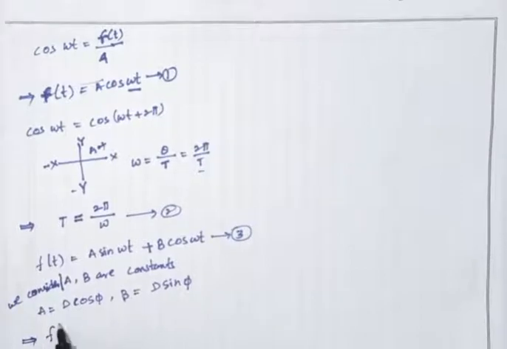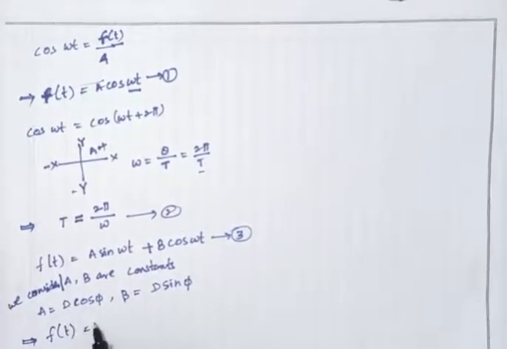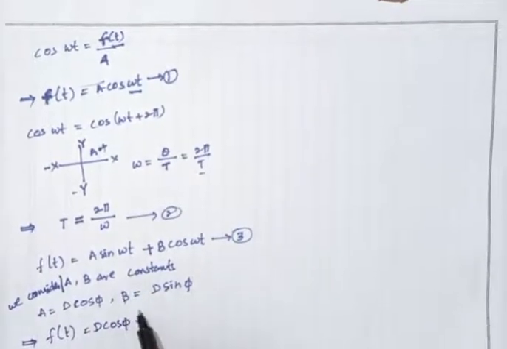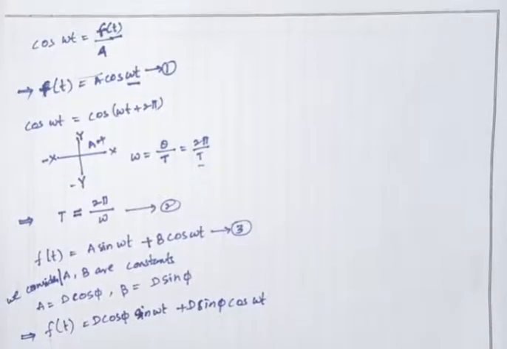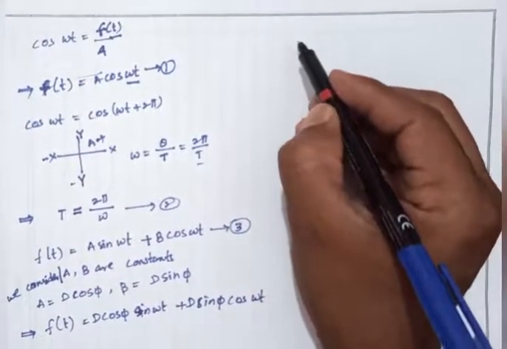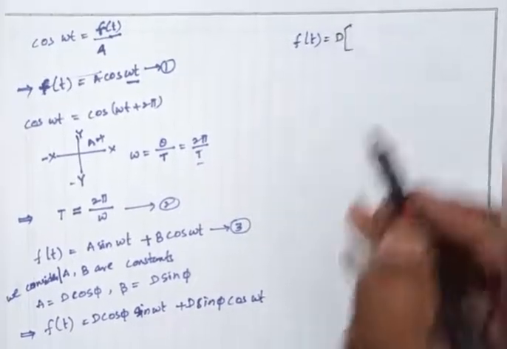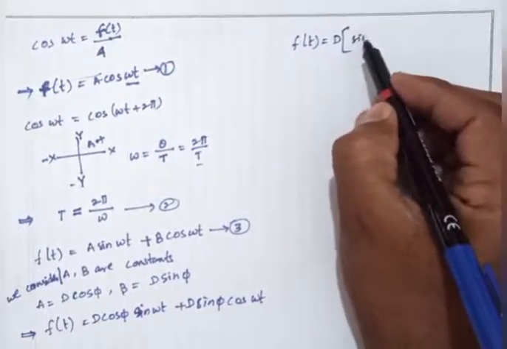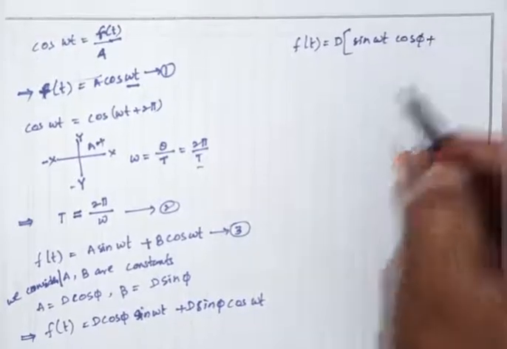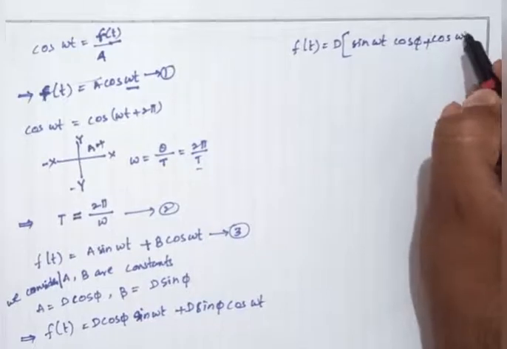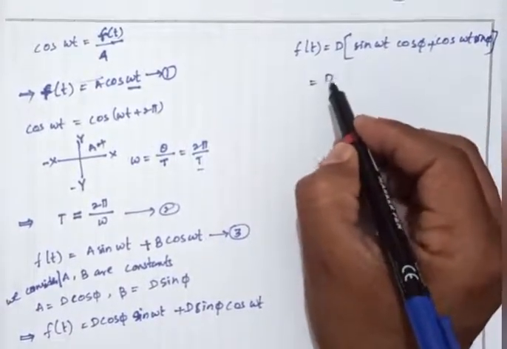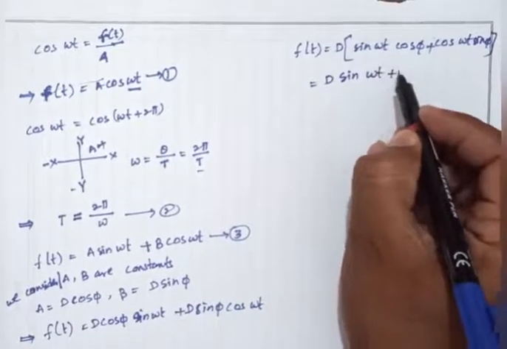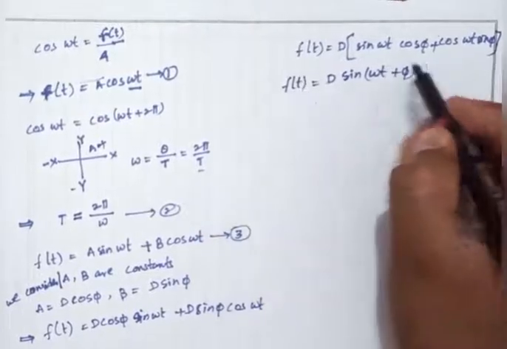From equation number 3, f of t equals a sin omega t plus b cos omega t, with a equals d cos phi and b equals d sin phi. From the above equation, d is common, so f of t equals d times sin omega t cos phi plus cos omega t sin phi, which is written as d sin of omega t plus phi. This is equation number 4.